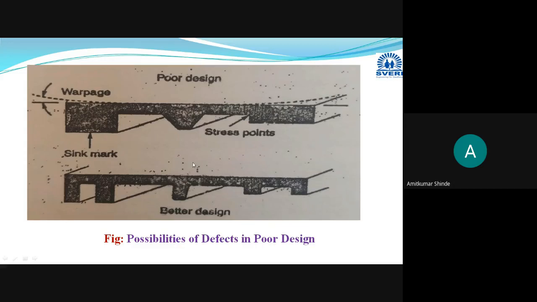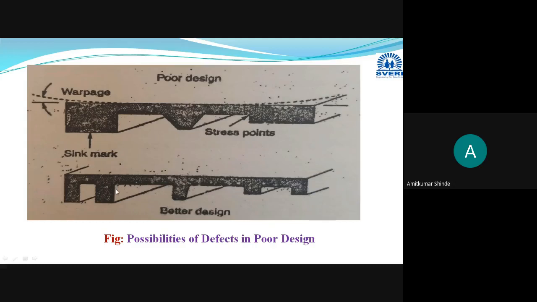And one more modification is there. Instead of providing sharp corners, a radius is given. Corners are given with some radius instead of sharp corners. Due to the sharp corners, what will happen? Stress will get created. These are the stress points that you have to eliminate by providing the radius.